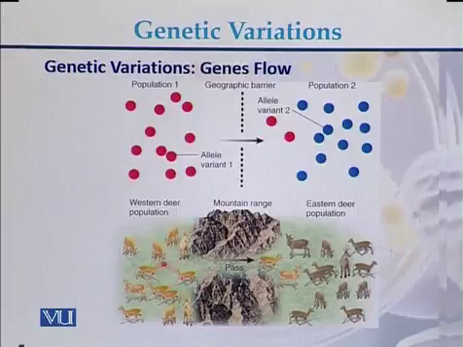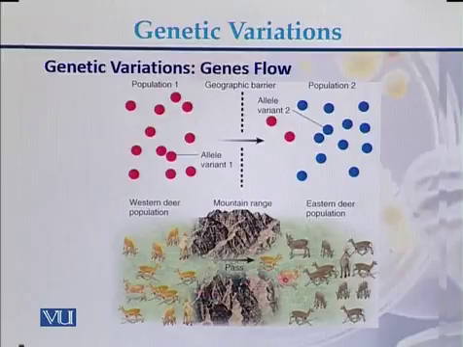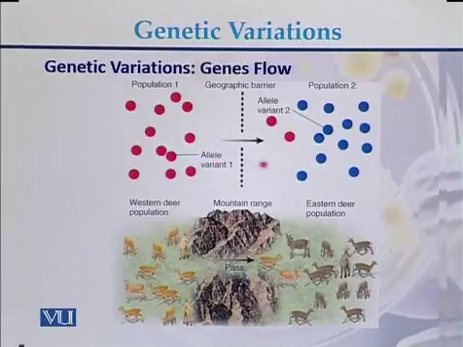Same here in this diagram, 2 animals move from this area of the population to this area. The movement of alleles from one population to another is called gene flow, and it is responsible for genetic variations.